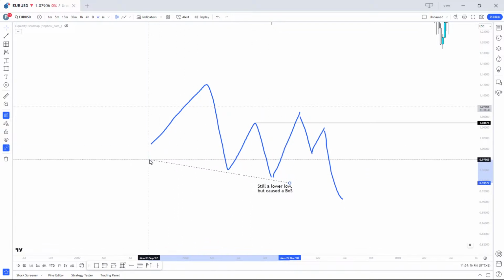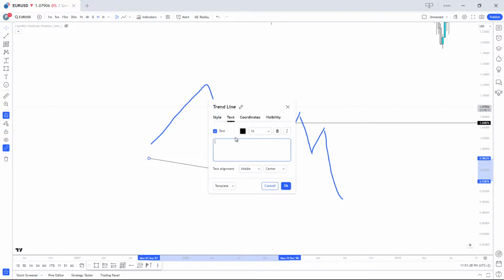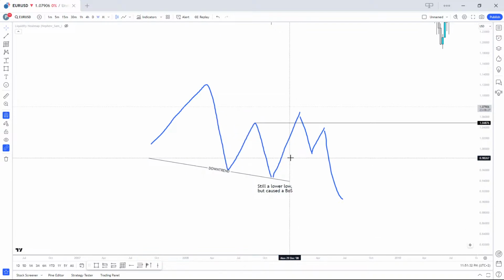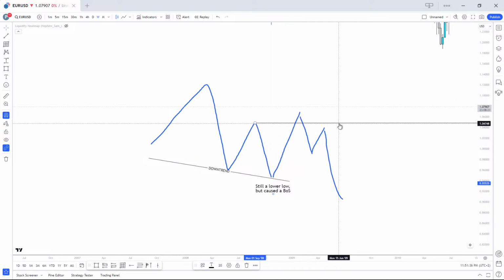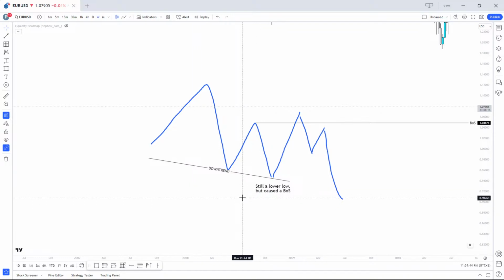I can just make this one a solid line and put some text on it. Downtrend. Alright. Break of structure. Mark this break of structure.